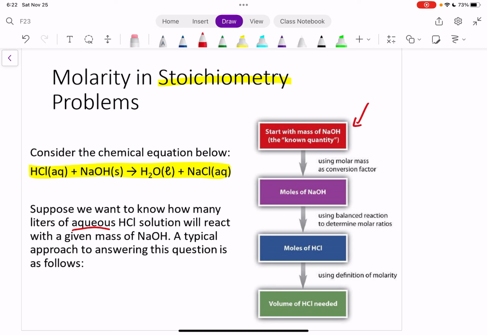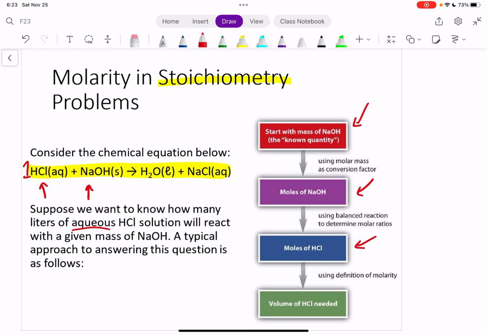So we can get a mass of that, that's our known quantity. We can get to moles of NaOH using the molar mass, right? We know how to get from grams to moles of one thing using our molar mass. Then we can get from moles of our NaOH to moles of HCl using what? Balanced chemical equation, right? That relates HCl to NaOH.